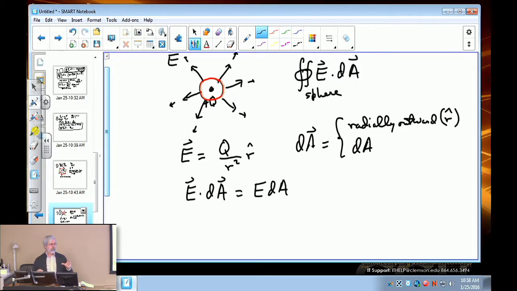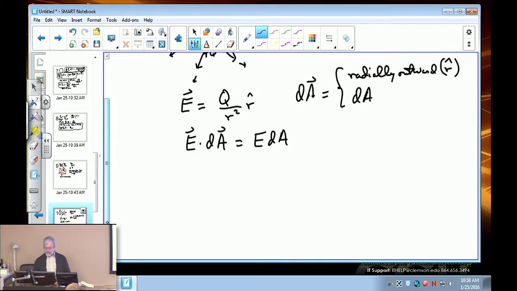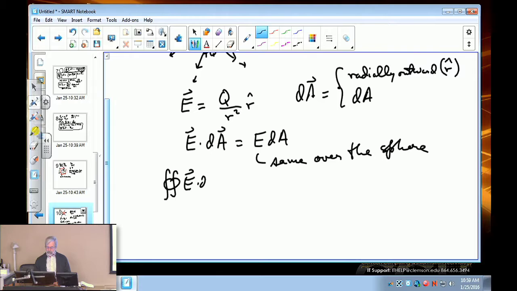The sphere has radius r, and E depends on r. Every point on the sphere has the same r. So the magnitude of E is the same everywhere. It's the same over the sphere, right? The magnitude of E does not change over that sphere. So the integral of E dot dA over the sphere that is centered on the charge.